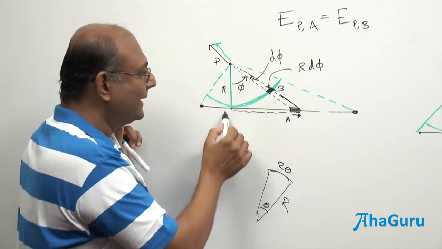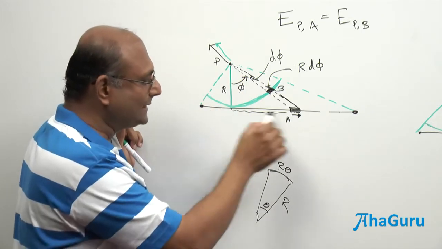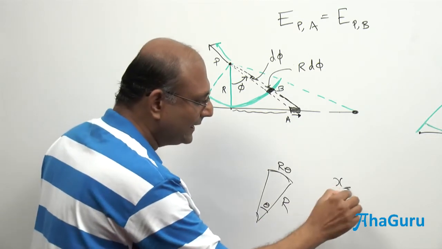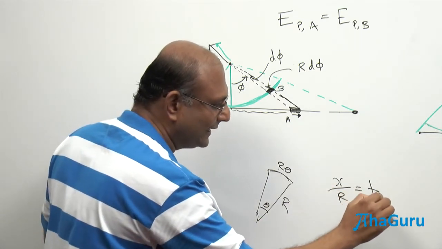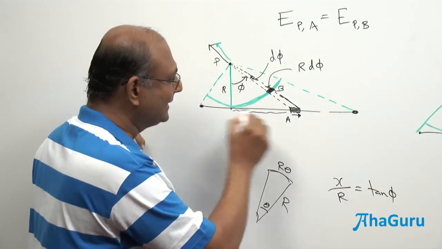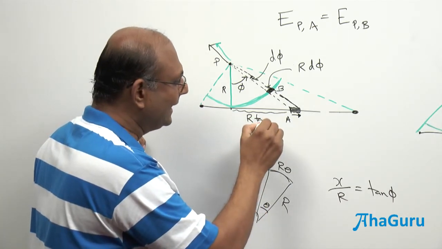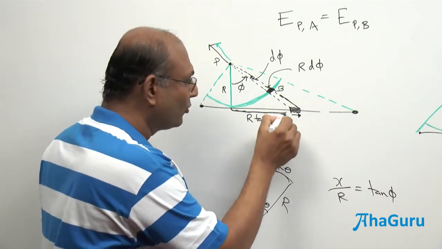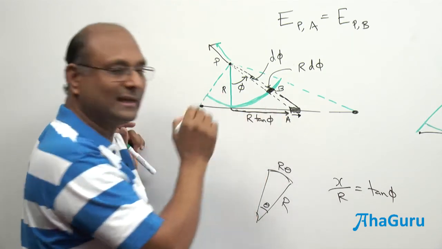This divided by r, if I call this x, x by r, what is that? Tan phi. So if x by r is tan phi, what is x? r tan phi. So this length is r tan phi. Actually, it is an arrow from here to there of length r tan phi.